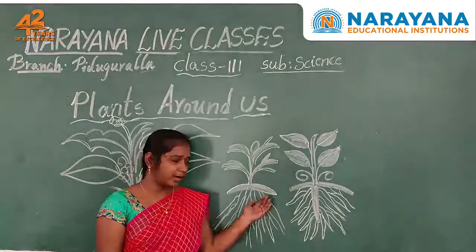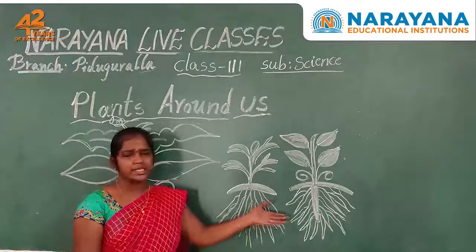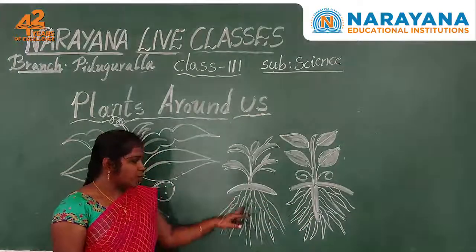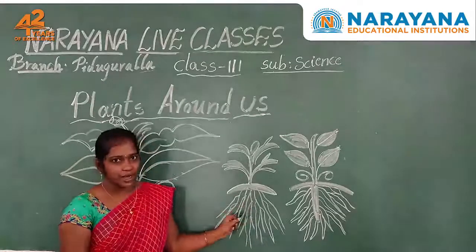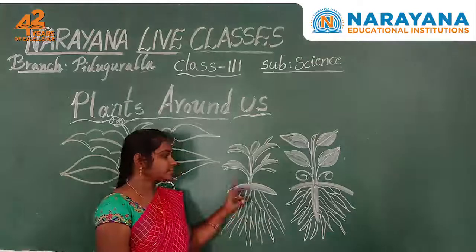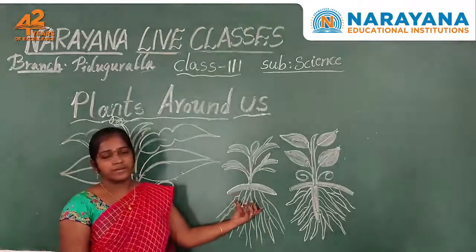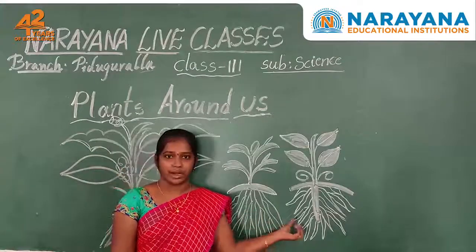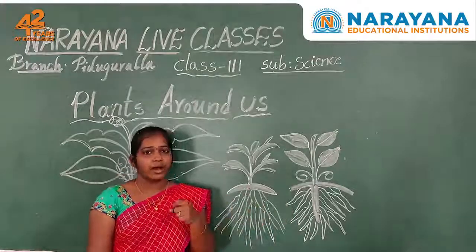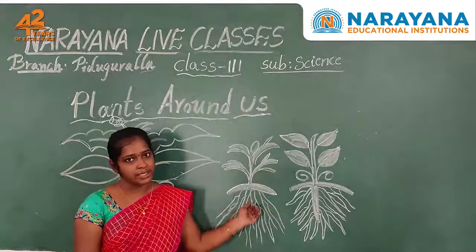Now I'll tell you about the functions of roots. What do roots do? The roots absorb the water from the ground and send it to different parts of a plant. That is the first function. And the other one is the roots fix the tree firmly to the ground, and it helps the plant to stand straight.